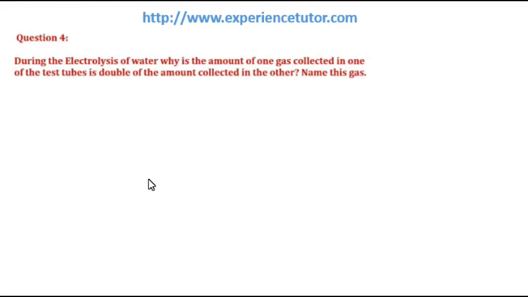In water, there are two parts of hydrogen and one part of oxygen. Since hydrogen goes into one test tube and oxygen goes into the other test tube, the amount of gas collected in one of the test tubes is double that of the other because one is hydrogen and the other is oxygen.